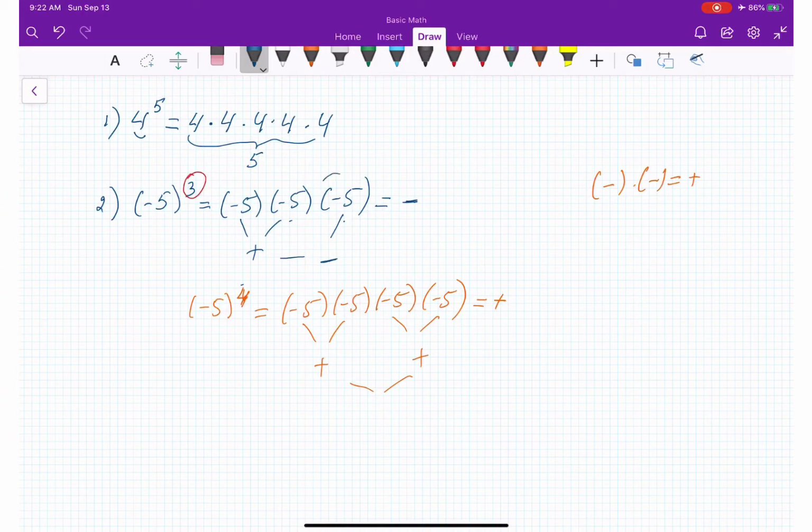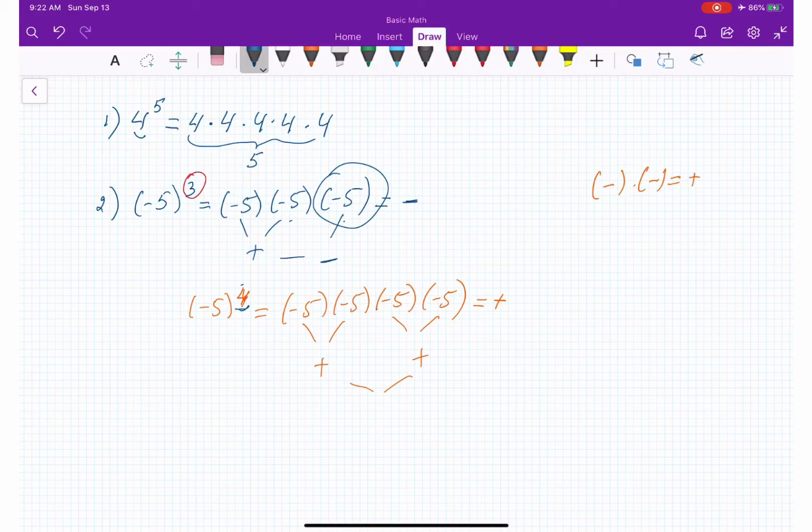So this negative 5, it's kind of zombie. It's dragging down positive sign. Therefore, when you have odd one, that means one of them doesn't have couple, doesn't have pair. Okay, that's why it's going to be negative. But when you have even power, then you have all pairs, so it's going to be positive.